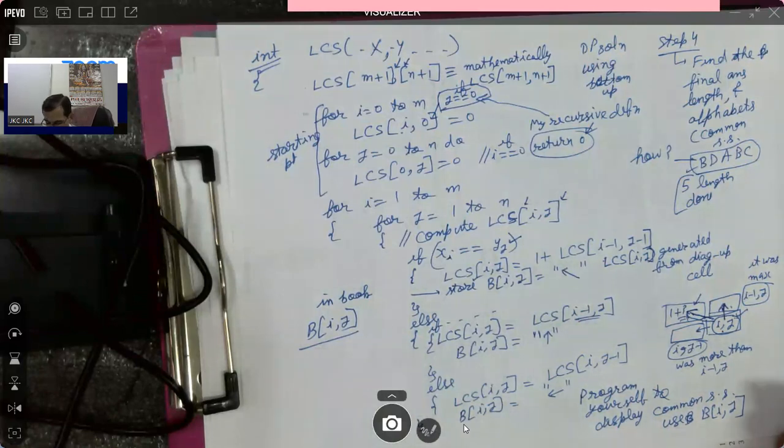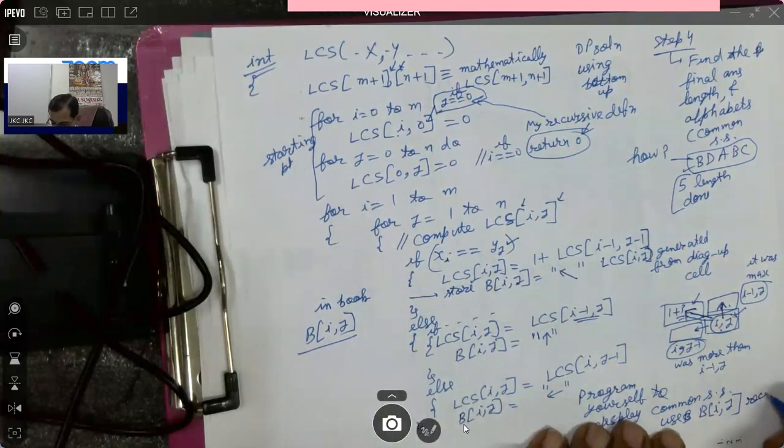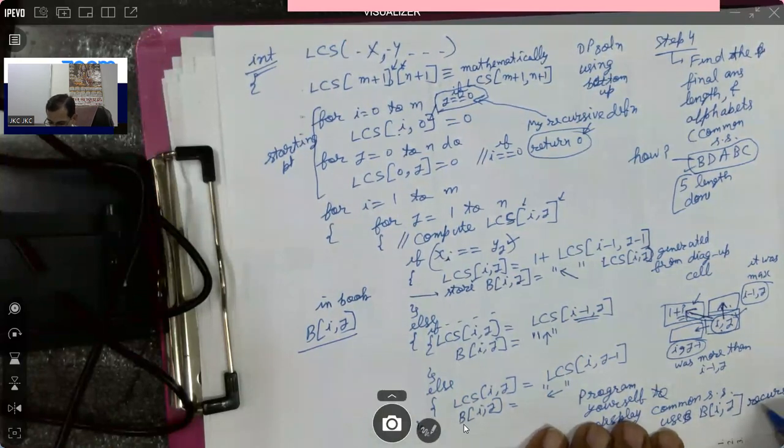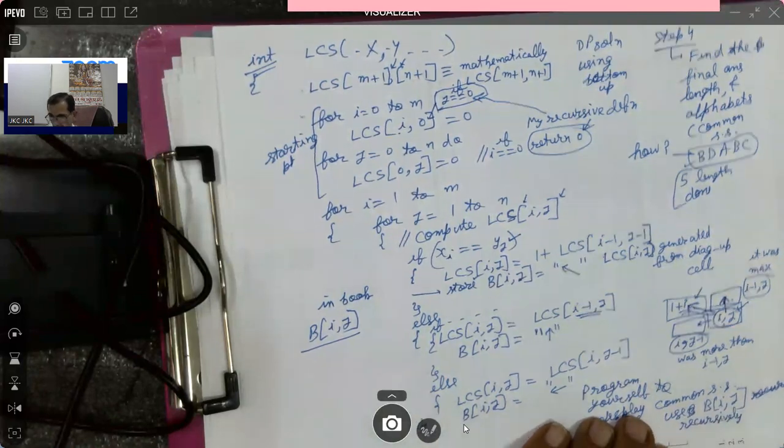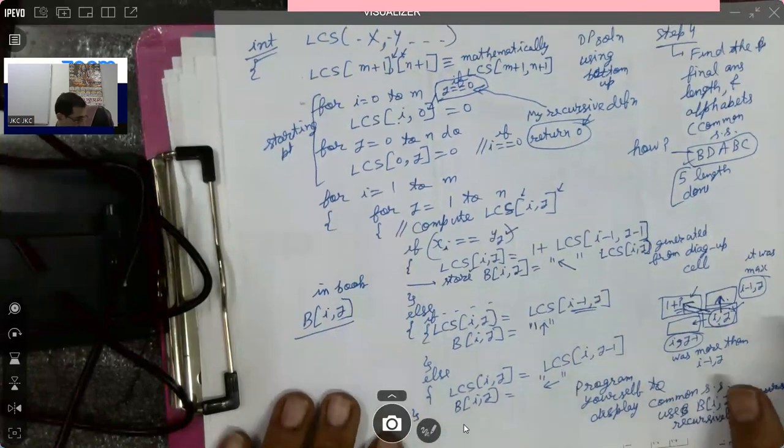Use it correspondingly, and obviously recursively this can be done. I would like you to try. If you are not able to do this, maybe next class I can discuss and show you some of the solution, but you must try yourself. And once you are able to do that, probably you can easily find out the corresponding working.